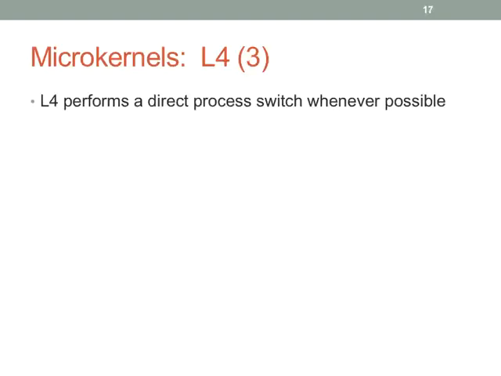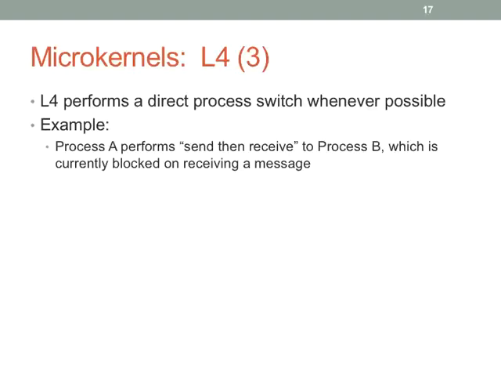L4 also schedules a little bit more fast and loose than Mach did, for example, where basically if I do a send and then receive to another process, I am basically telegraphing that I am incapable of proceeding until process B executes. And if I do that and I have a huge percentage of my time slice left or something like that, why even invoke the scheduler?